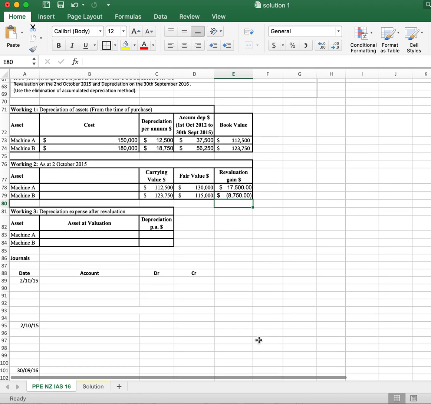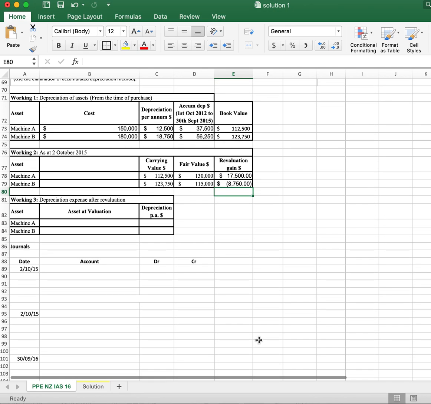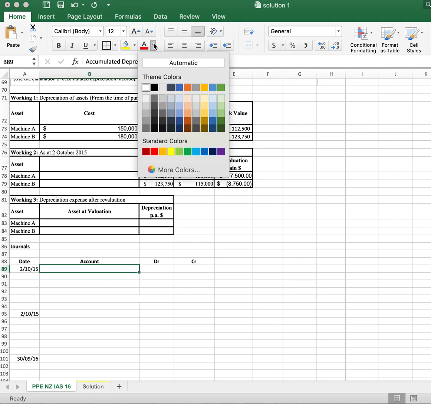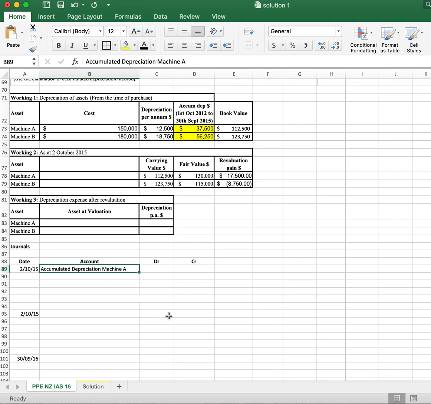Okay, so we could actually start doing our journals here because the next lot of workings really is for the other journal. Right, okay, so we're doing the elimination of accumulated depreciation. We know what our accumulated depreciation is because we worked it out up here, okay, and that gives us the journal. All right, so accumulated depreciation on machine A, we need to zero that out.